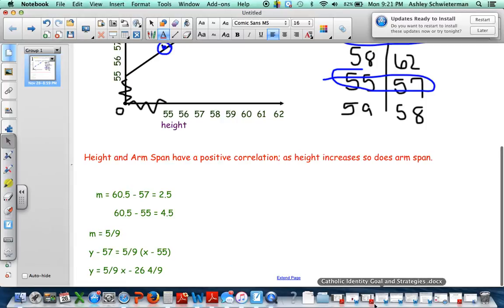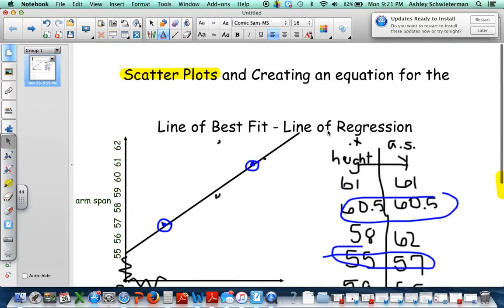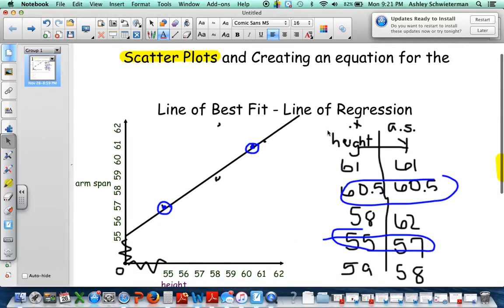And there you go. So that is creating real-world examples with what we have been doing.